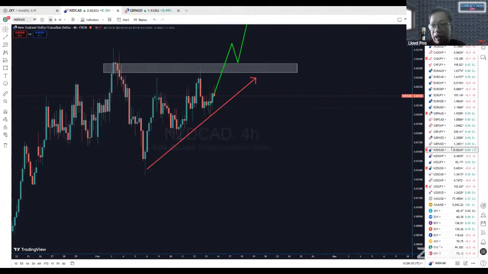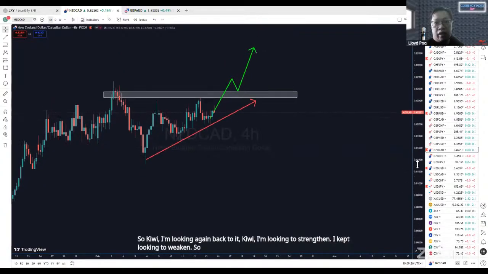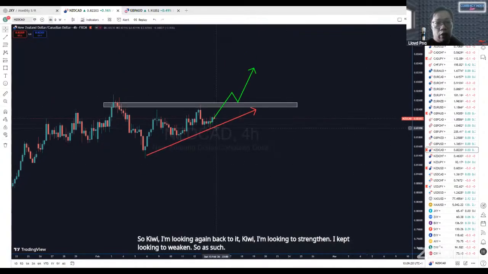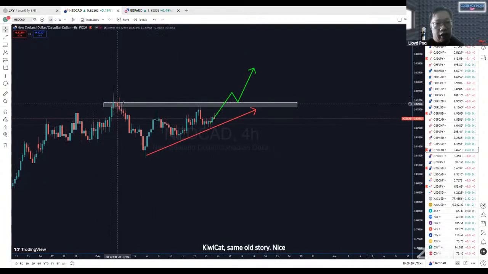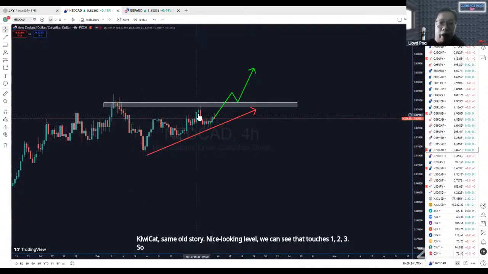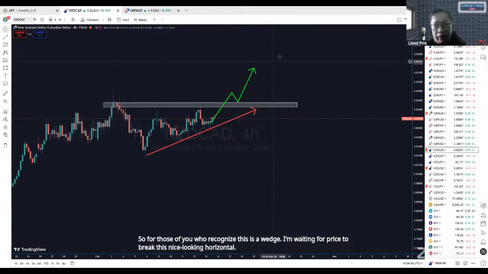So Kiwi, I'm looking, again, Kiwi to strengthen and Cat to weaken. So as such, Kiwi Cat, same old story. Nice looking level. You can see that it touches 1, 2, 3. For those of you who recognize this is a wedge, I'm waiting for price to break this nice looking horizontal, retest this level and go up.